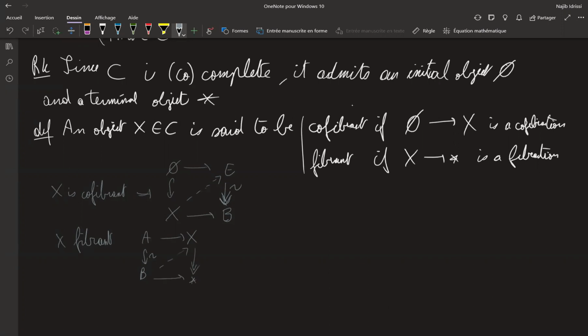The square always commutes because there is only one map to the terminal object. This is a fibration and this is an acyclic cofibration. So using axiom MC4, you can find a lift here. So these are important things to note, right? And we are going to see in the lectures that these objects, the cofibrant and fibrant ones, are very important.